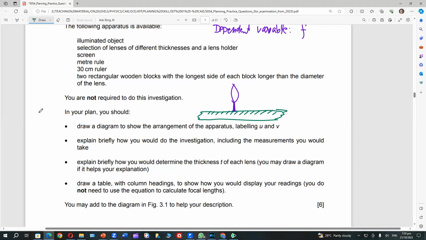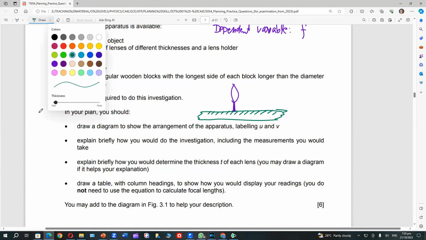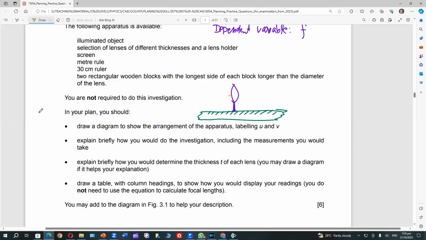Look at this diagram. I will put a wooden block here and I will put a wooden block here. I will read its position on the meter rule, x1, x2, and thickness will be x2 minus x1. This is how I'm going to find the thickness. You have to copy this diagram also.